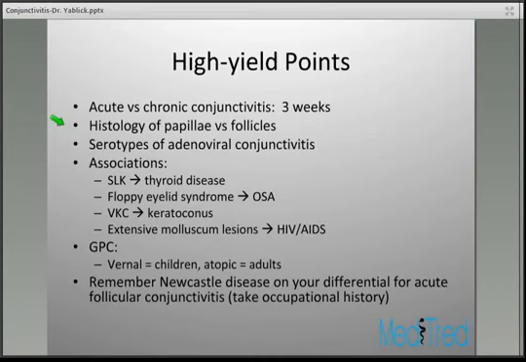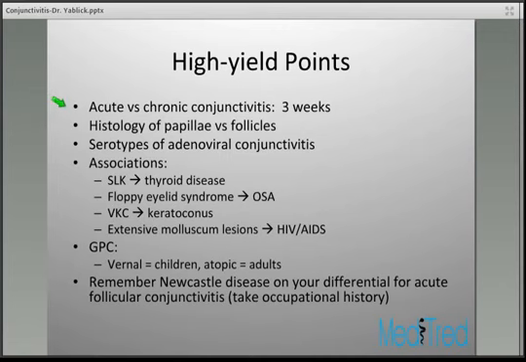Okay, so I just wanted to summarize some of the high yield points from this lecture. These tend to be more of the testable topics. First, make sure you know that the difference between an acute and chronic conjunctivitis is 3 weeks. And so if you have symptoms present for less than 3 weeks and it's more of a severe presentation, think about your acute conjunctivitis.